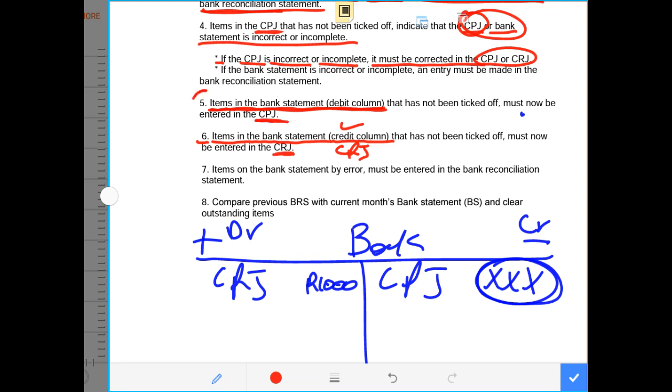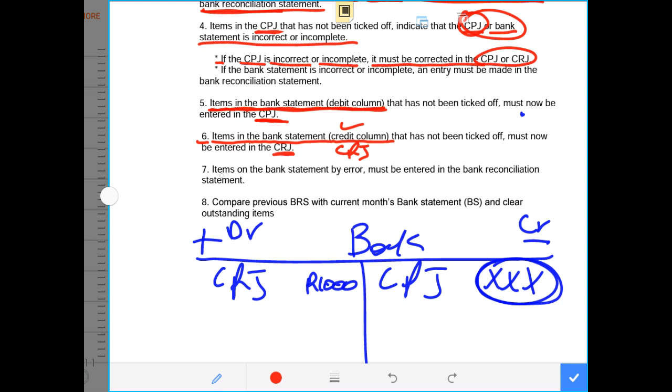Remember, if these amounts were not supposed to be recorded, they will have to be corrected in the bank reconciliation statement. But if they were supposed to be there, and they don't appear in the cash payment journal, then they must be recorded in the cash payment journal. Hence, it is very important to start reading the adjustments before you do the comparison.